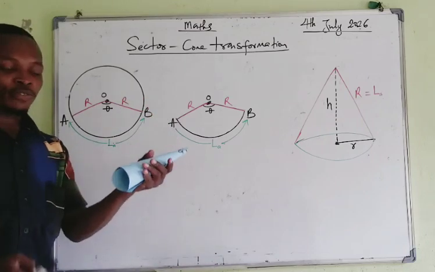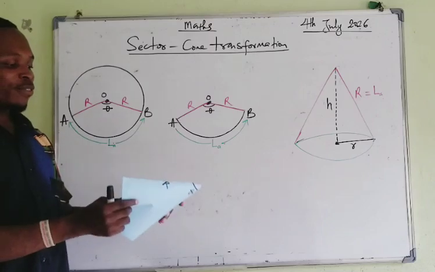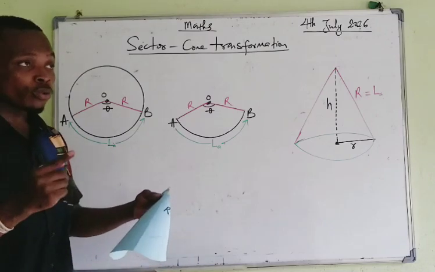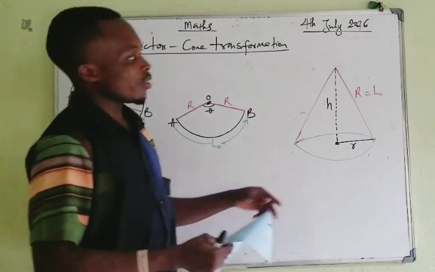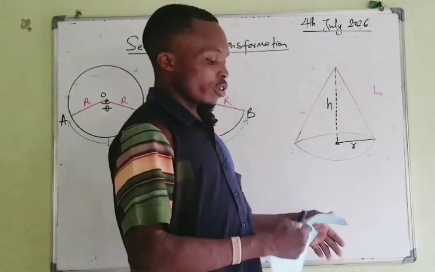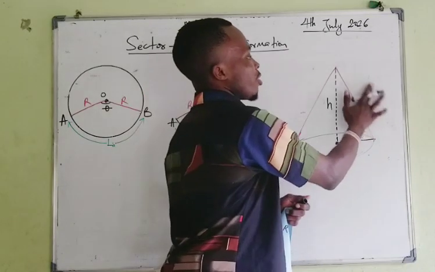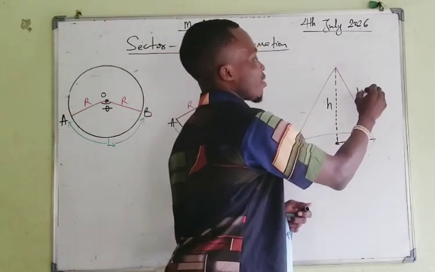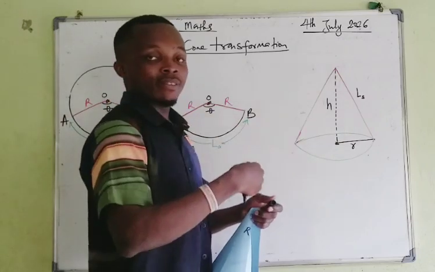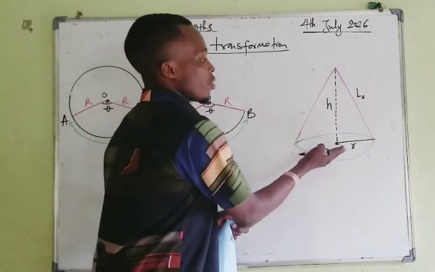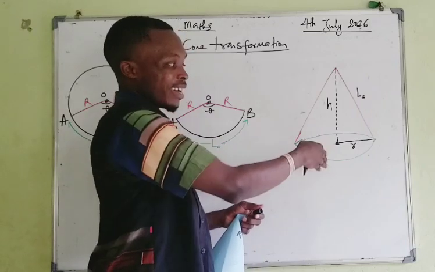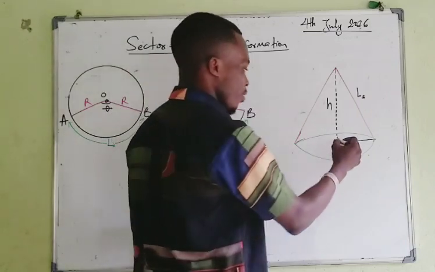So what can we deduce from this? In a cone, this portion is always called the slant height. We call this the base radius of the cone, and here the perpendicular height of the cone.